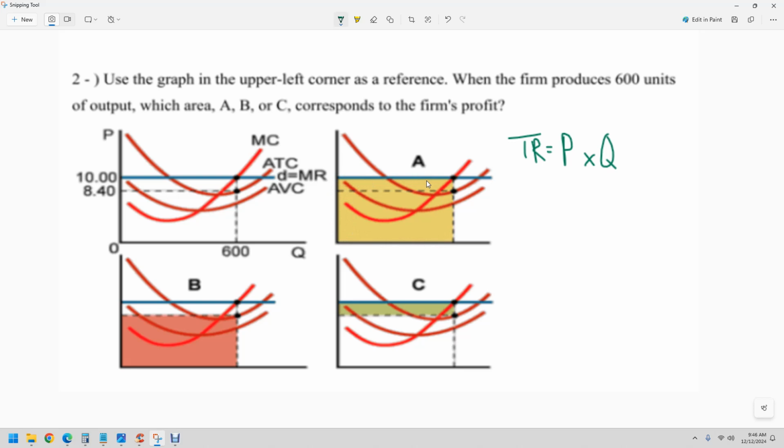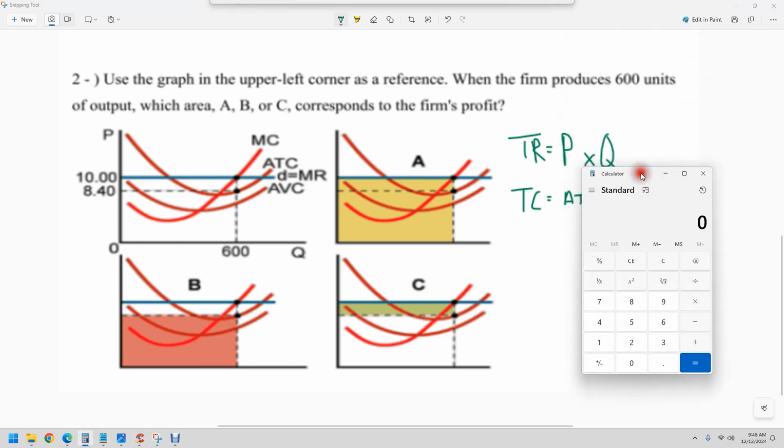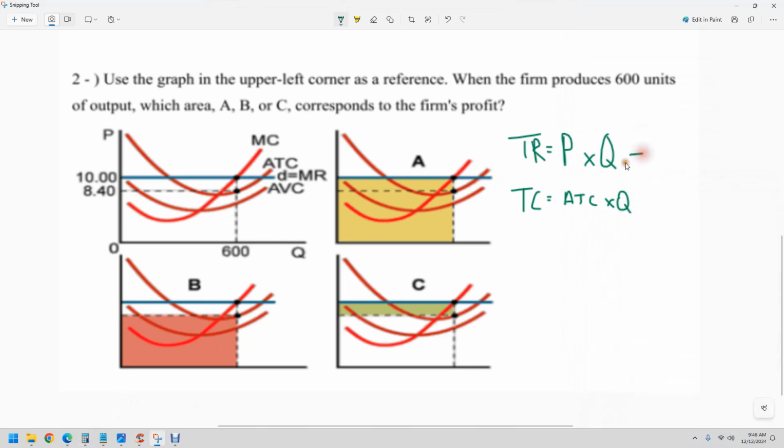Okay, that's total revenue. Now, total cost is going to be our average total cost times quantity. Here we're producing 600 units. Here's the average total cost of those 600 units. In this case, total revenue is 6,000 because it was 600 times 10.